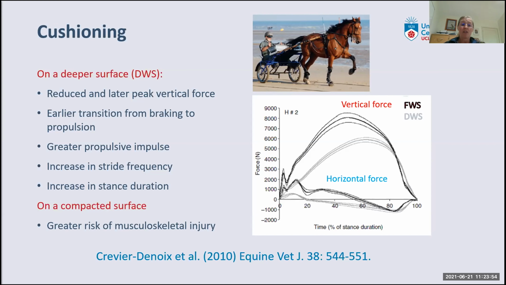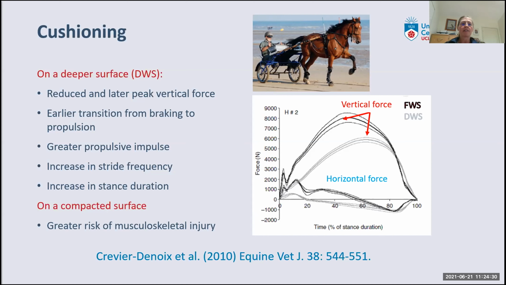On the deep wet sand surface, what you find here, and here are our vertical forces, is a reduced and a later peak vertical force. The implication is that the deep wet sand surface is not providing, in the same way as the firm wet sand surface, enough force to help the horse support body weight at the speeds that the horse is trotting at.